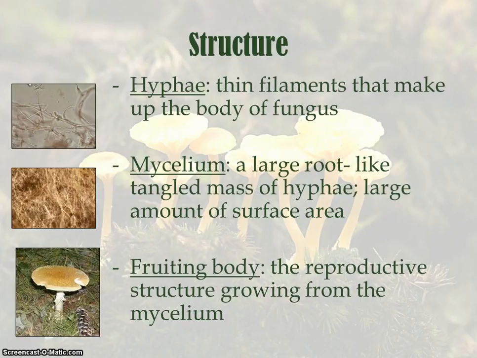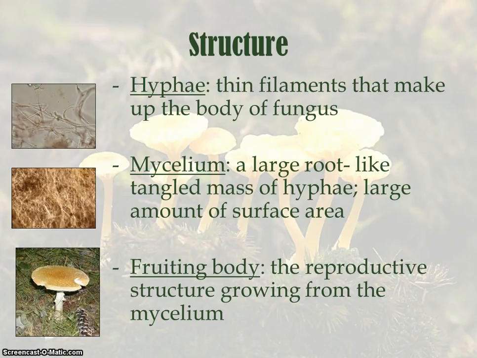All right, so some basic structure of our fungi. They have structures called hyphae. These hyphae are very, very thin filaments that make up the overall body of the fungus. They have structures called mycelium, which are sort of like the roots of the fungus.